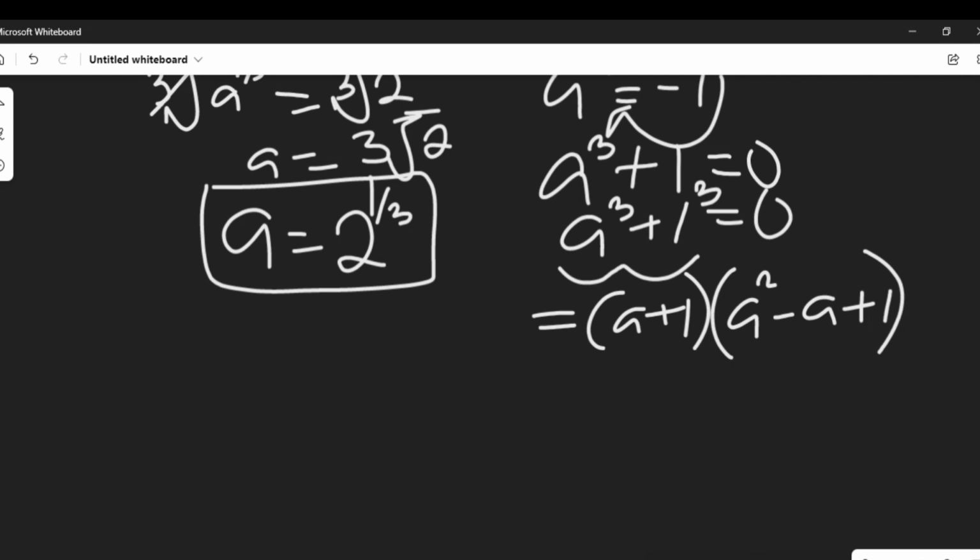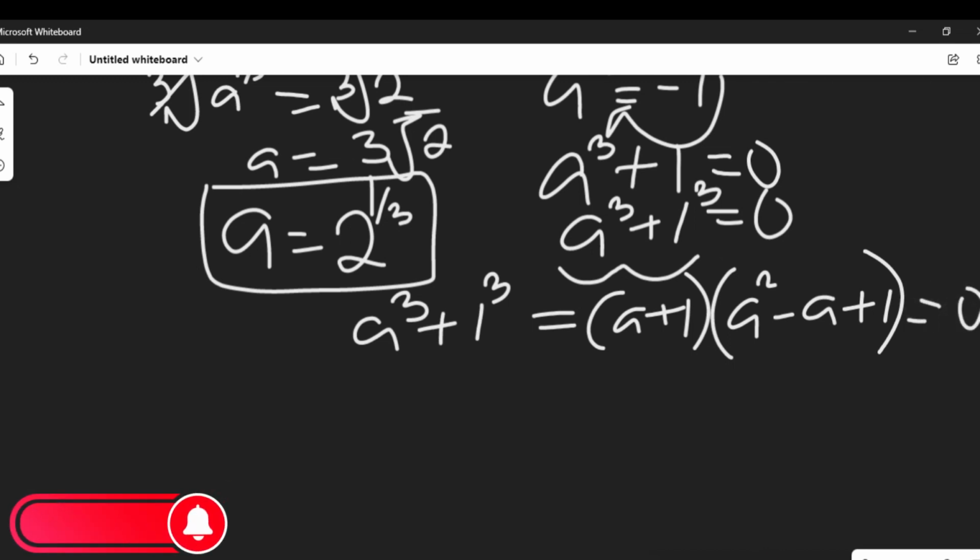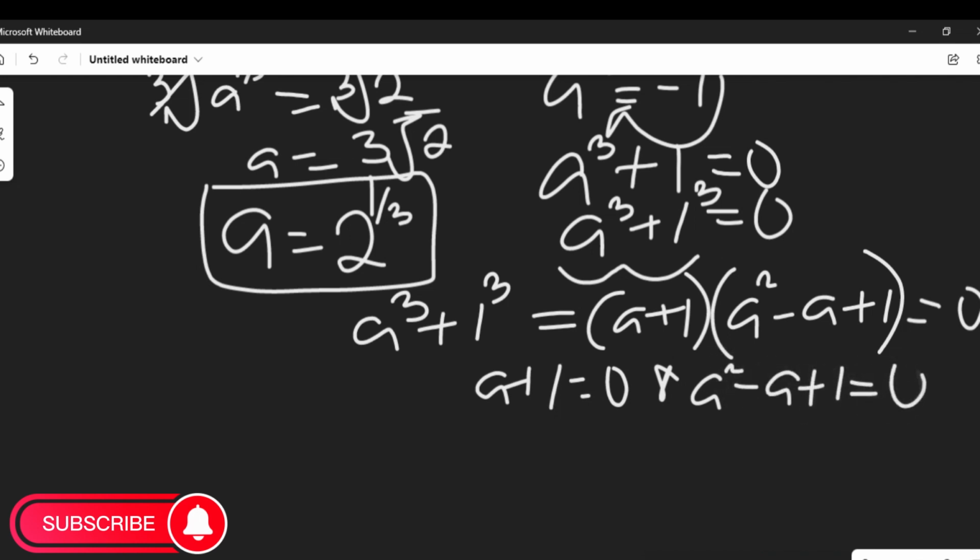That is an algebraic formula. So this whole thing will be equal to 0. From here we'll have a plus 1 equal to 0, and then a squared minus a plus 1 equal to 0.